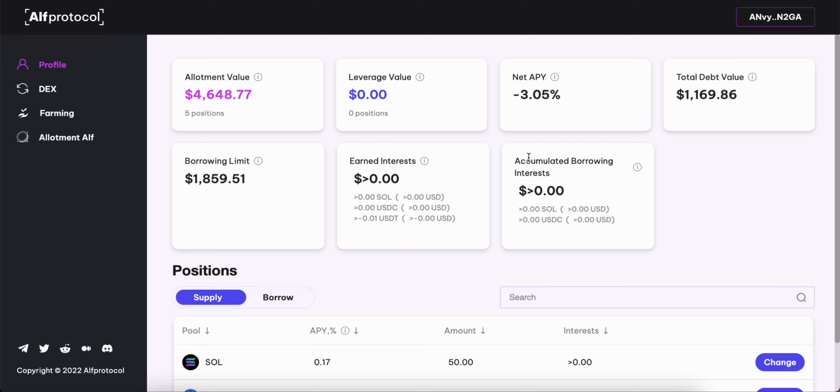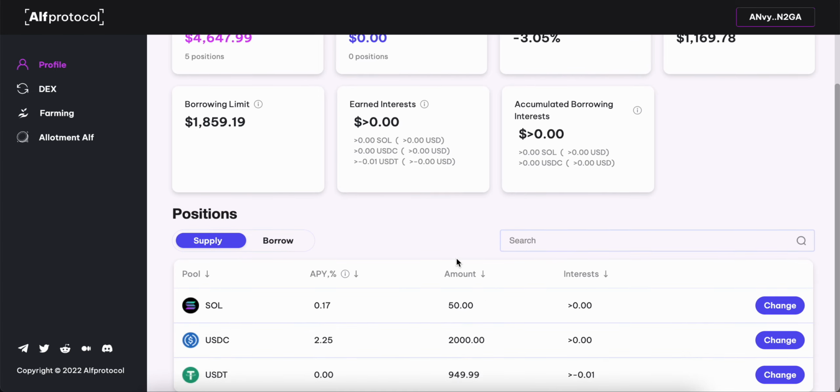And right here is the accumulated borrowing interest, which simply means that you have to pay for your debt. So this amount of money that you will see right here is what you owe to the protocol and liquidity providers once you are willing to repay your position.